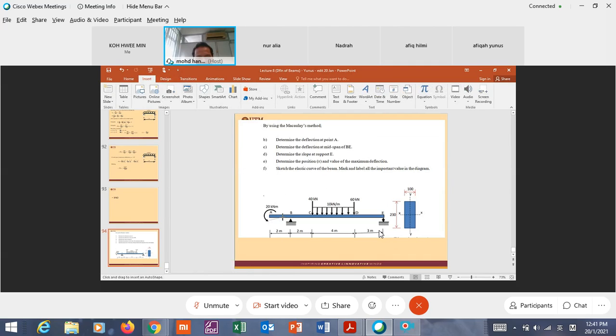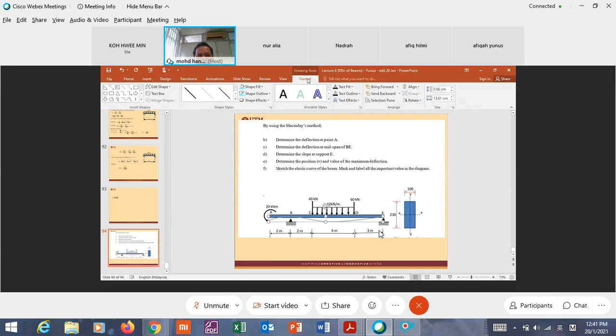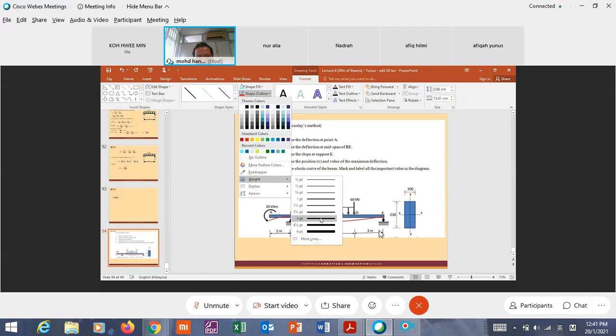At one point here there is a maximum deflection, but we do not know where.